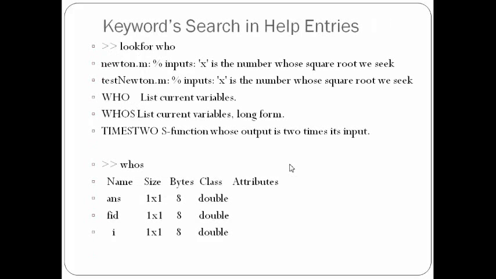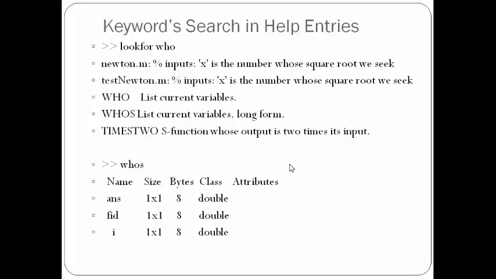Then it will also search for keywords, a keyword search in help entries. Look for who: when we put who, it will list current variables. Whatever variables we have used till now in our current session, it will list all of those. Then whos lists current variables in long form.